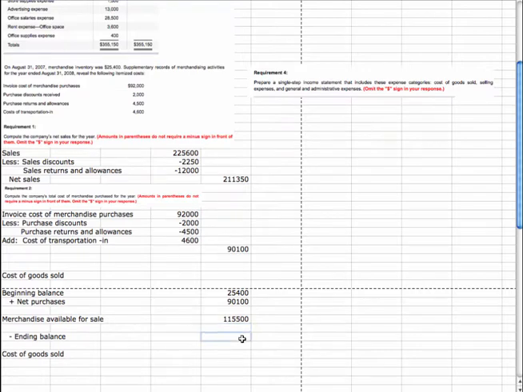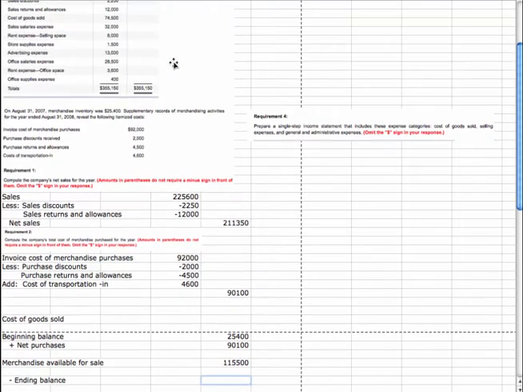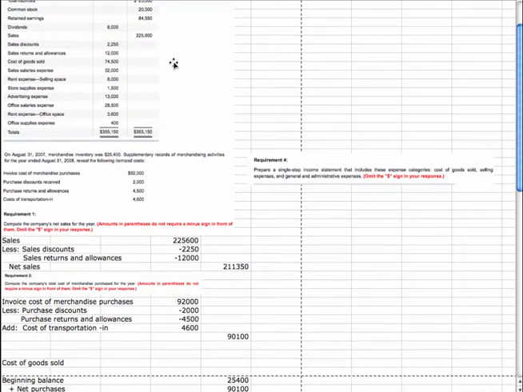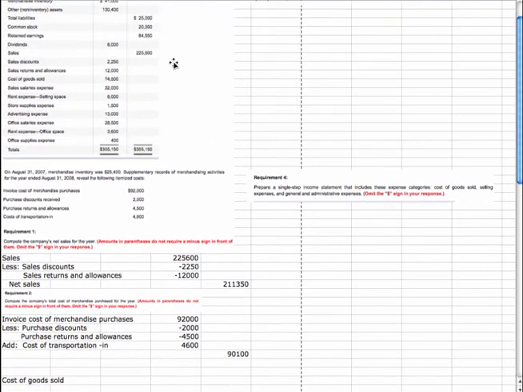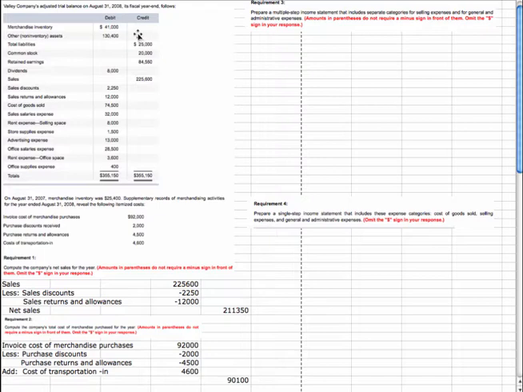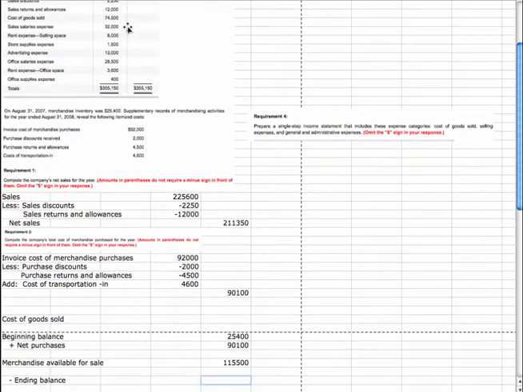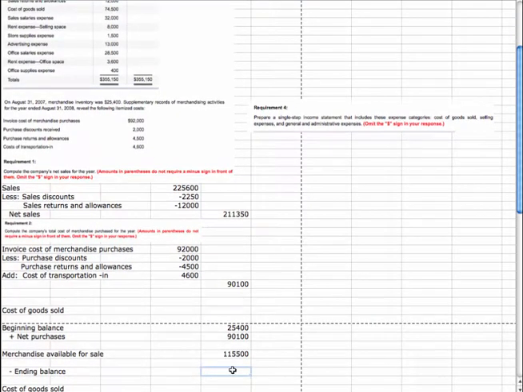Then we have to find out what our ending balance was, and according to this, we go back up here. What's our ending balance? Right here, $41,000 is our ending merchandise inventory. So we know $41,000 is our ending balance.